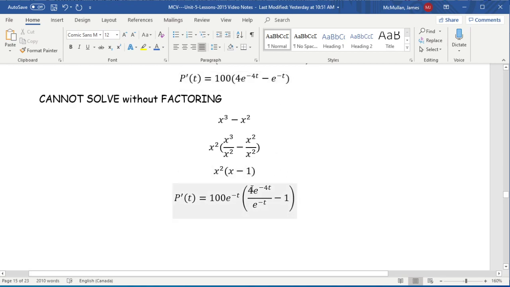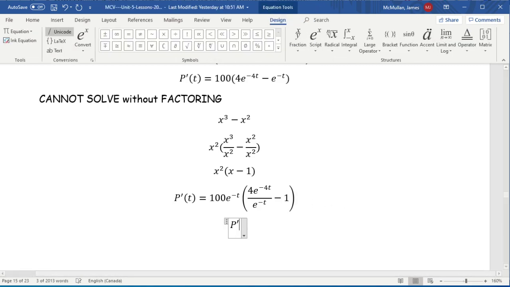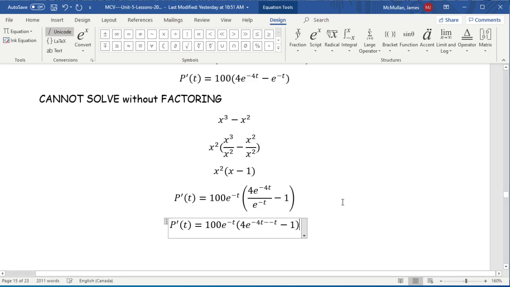Now, what do you do when you have two powers with the same base? You can subtract the exponents. So look what happens in this bracket when you expand it. The 4 is still there. Now I have e to the power of negative 4t minus negative t, all as one thing, and then minus 1.